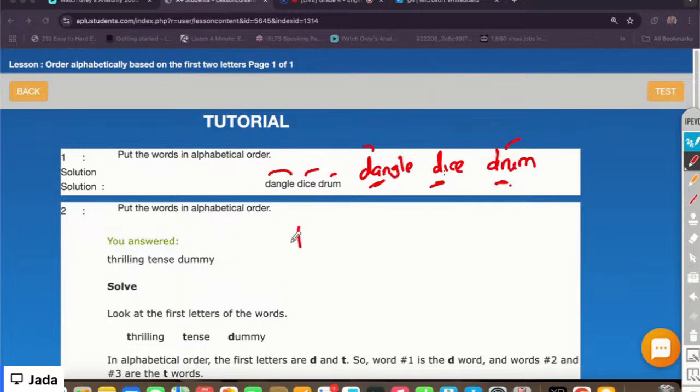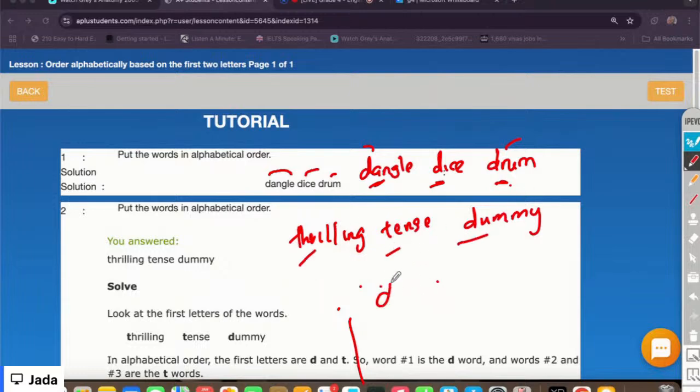So we have this one, trilling, tens, dummy. If you look at the trilling and the tens, of course, dummy is going to come first because it is D, and D comes before T. So dummy first, and then from trilling and tens, you have to check.